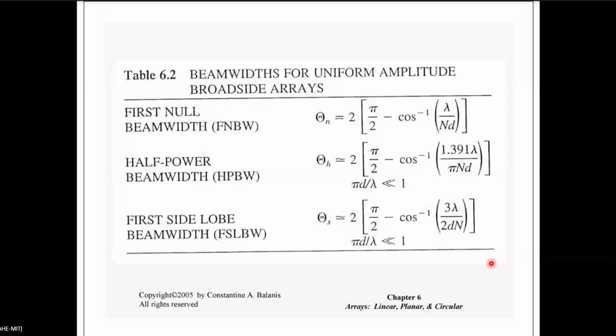Sir, why are we taking the assumption pi d by lambda is very much less than 1? You have to go through the previous equations. From that, it is an approximation. So can I get back to you later on this? We have to go to the previous equation, and in that you will understand pi d by lambda.